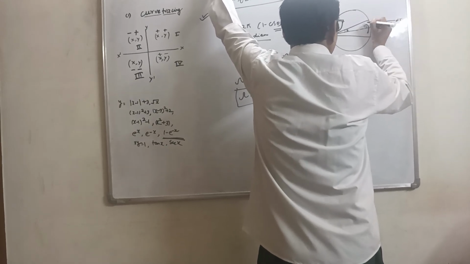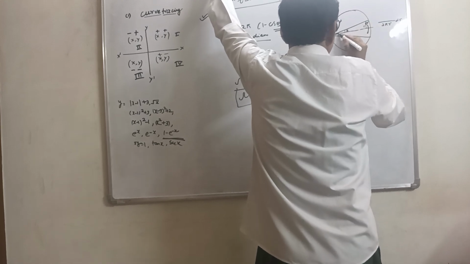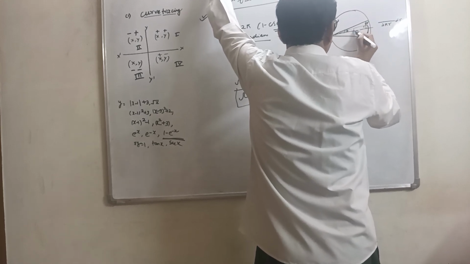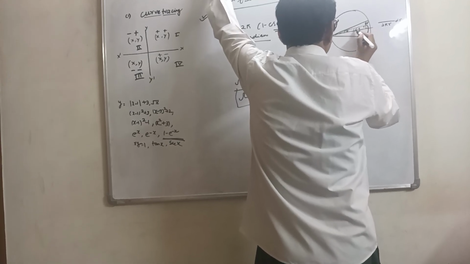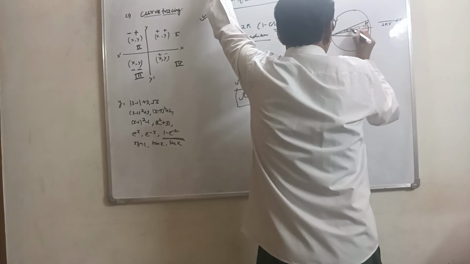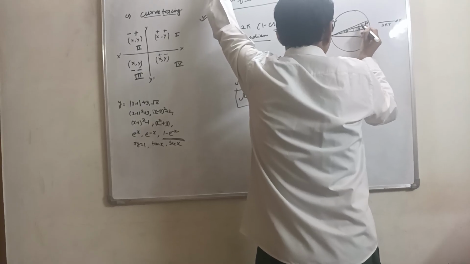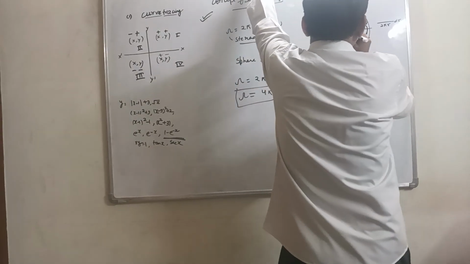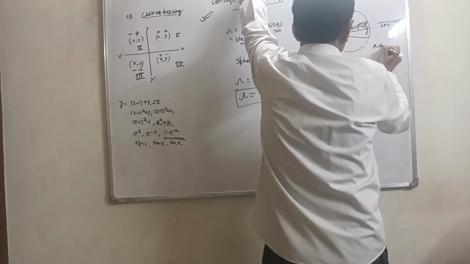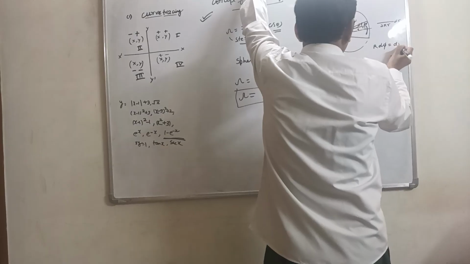This is dr thickness, and we take the angle here d phi. Sorry, this angle is phi, and this strip makes angle d phi, and r d phi would be dr. This is radius r.